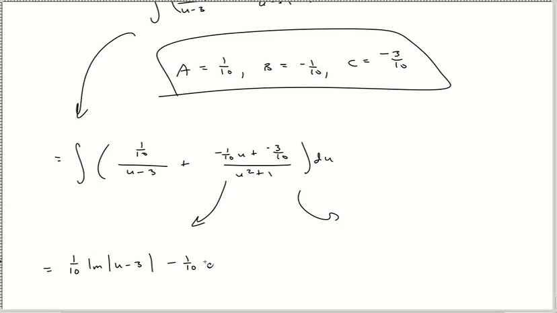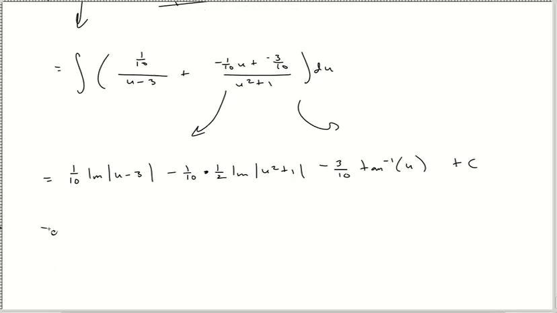Again, I'm skipping a lot of steps here, so you actually get a 1/2 ln of u squared plus 1. And then on this final side, my negative 3/10 just sits in the front. It's going to be an arctangent, but because everything's a 1, it makes it really simple. So arctan of just u, and then plus C.